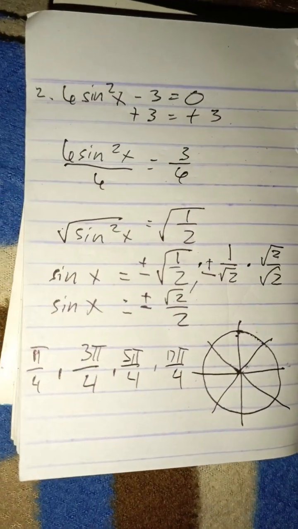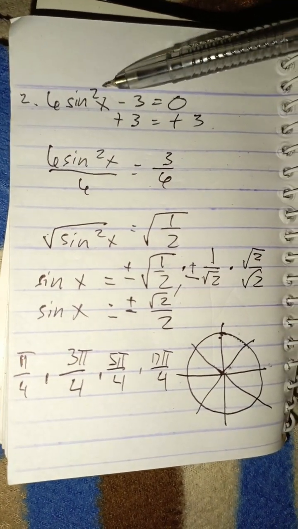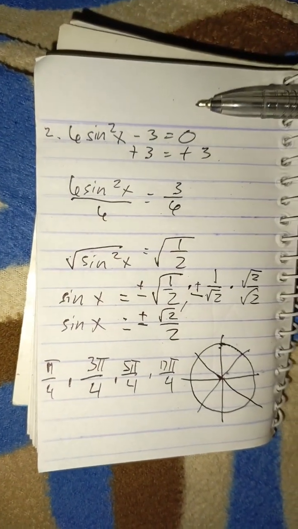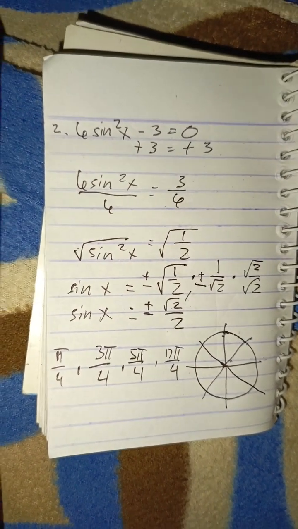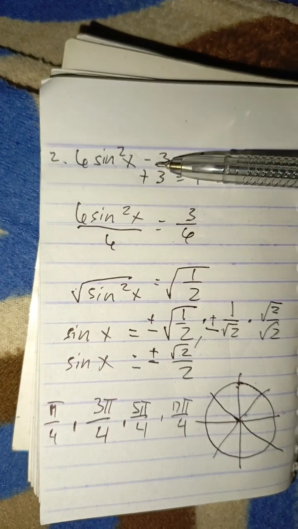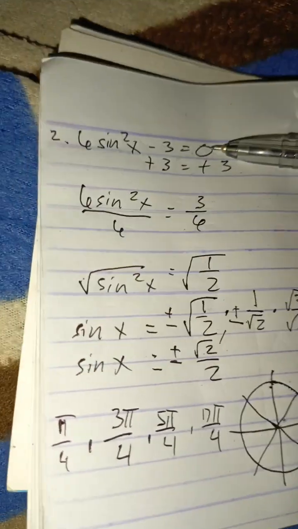Now, for the second example: 6 sine x minus 3 is equal to 0. Now we're dealing with the sine value. So let's just do what we did in our last example, the inverse property, which is to add plus 3 on both sides.